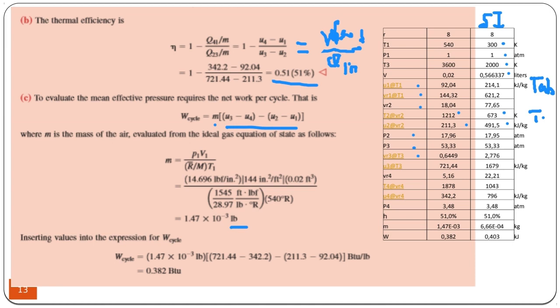These are the table values again. And also, these are the table values. P3 is calculated as 3.48 atmospheres, as was obtained from the IP solution. This is the efficiency.